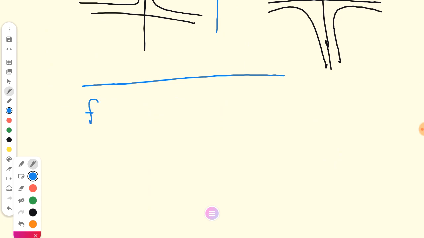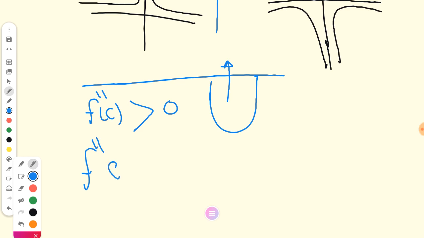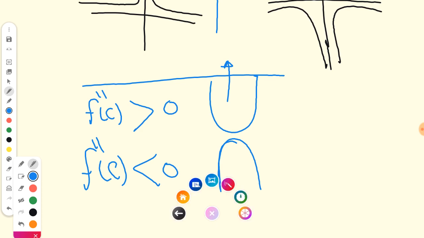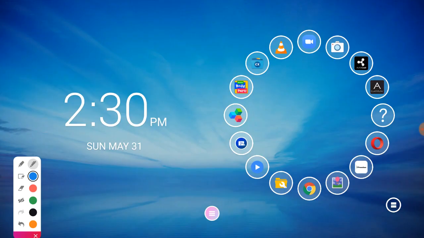If the second derivative at a point in a given interval is more than 0, the curve of the function is concave upward. If the second derivative at a point in a given interval is less than 0, the curve of the function is concave downward.